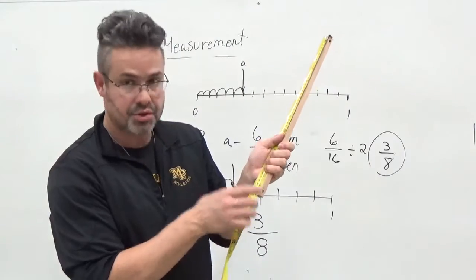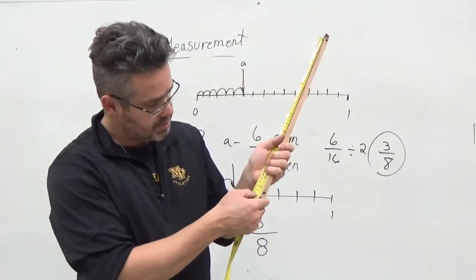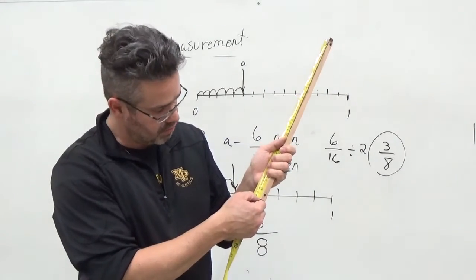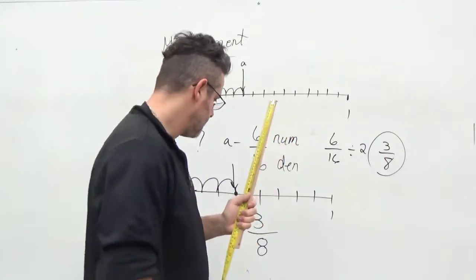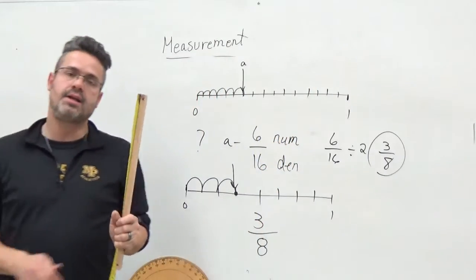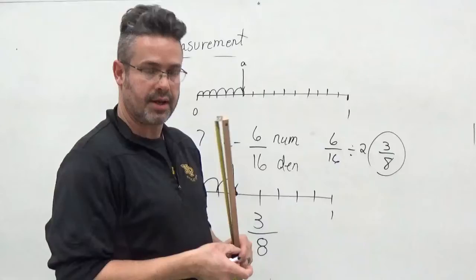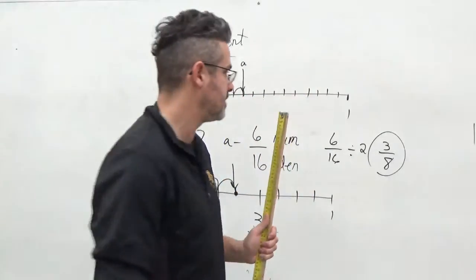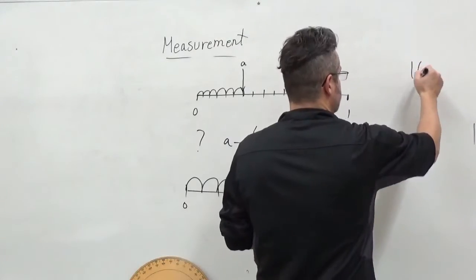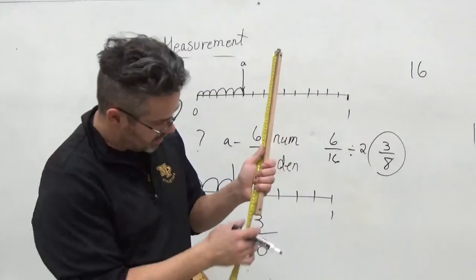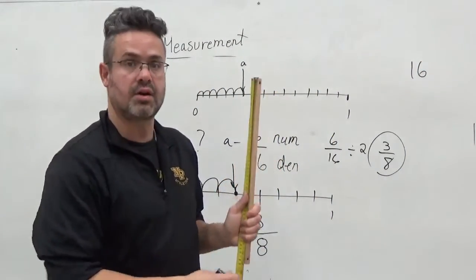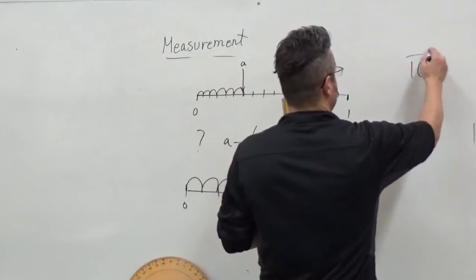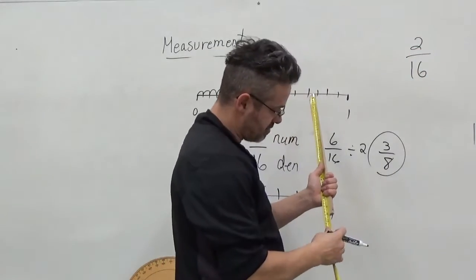It's actually 2 ticks over. It's 2 spaces over. So I need to know what that inch is broken up into total. And I know that every inch on here is broken up into 16 parts. And I just counted 2 spaces out of those 16 parts. And I said it was just past the 19.